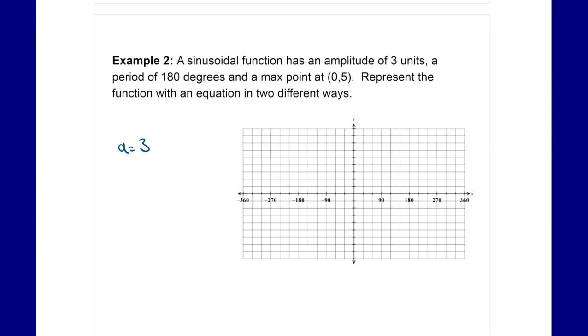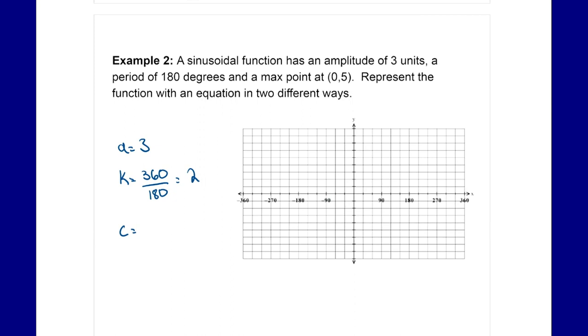I can determine the period or the k value because I know the period is 180. So 360 divided by 180 gives me k, which is 2. So I know my a, I know my k. Now my c and my d value.